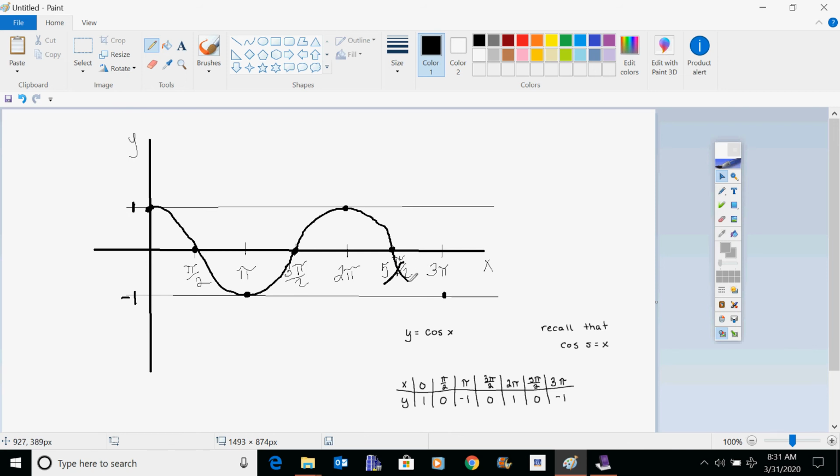It goes down through here, and it would continue on, because remember it's periodic, so it continues on forever and ever. One complete period, though, is going right from here to here. 0 to 2 pi is one complete period.